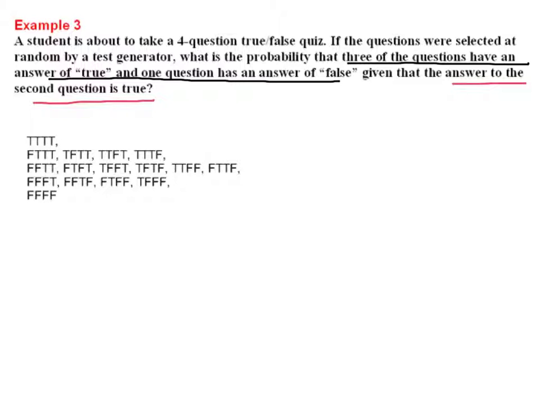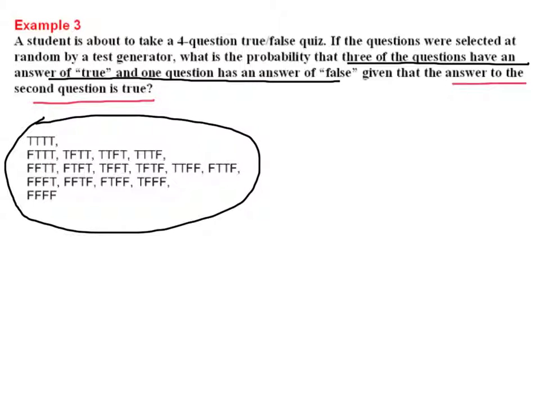So when we look at that, for A, there are 4 out of the 16 possibilities in the sample size. So this is the sample set right here. Okay, 4 of those have 3 true and 1 false.